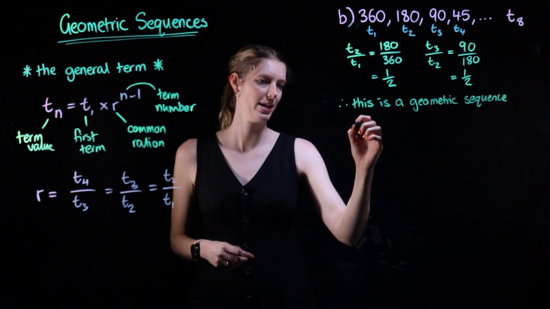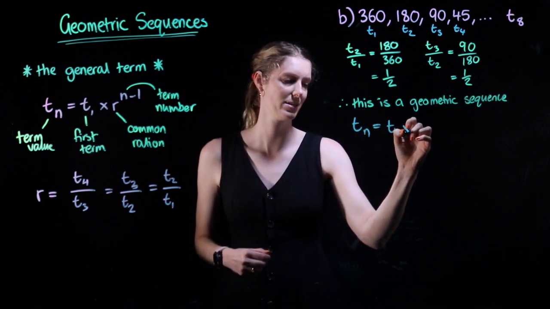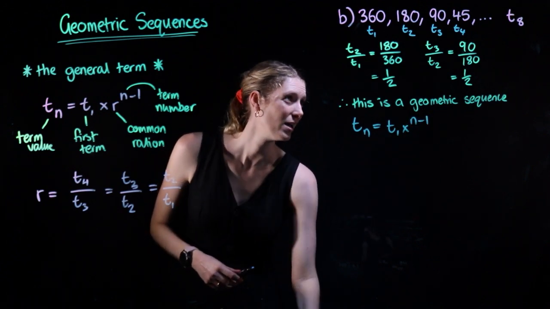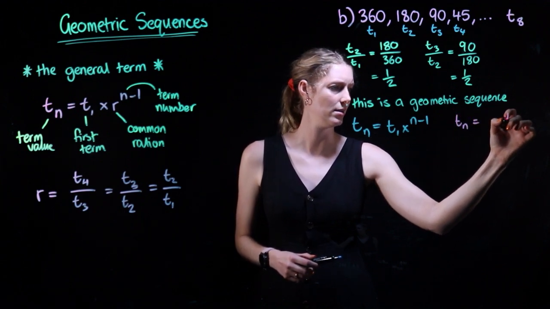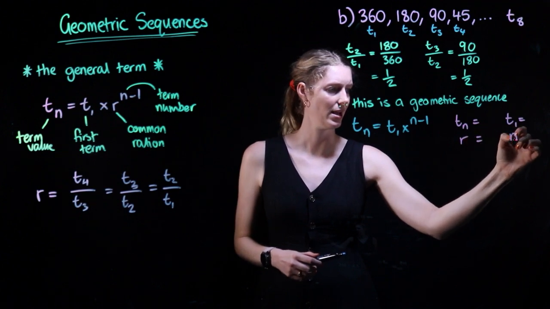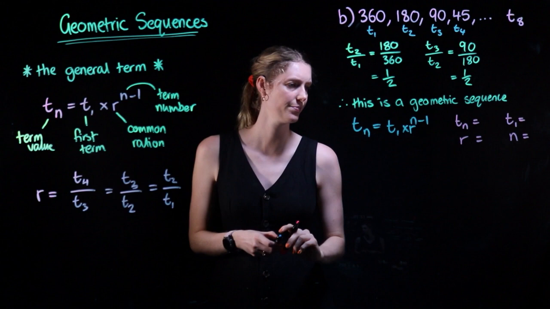Again, we can go ahead and use our general term to help us calculate our unknown 8th term. And we're going to see what possible values we have. Tn, T1, r, and n. I missed out my r here. There we go.